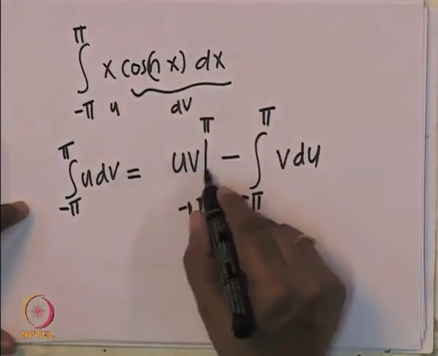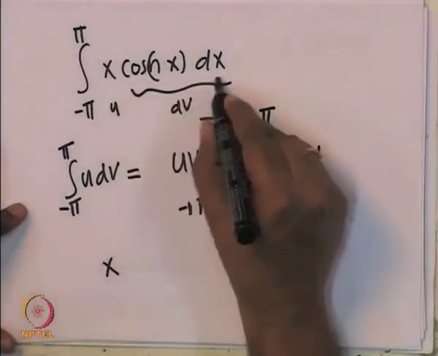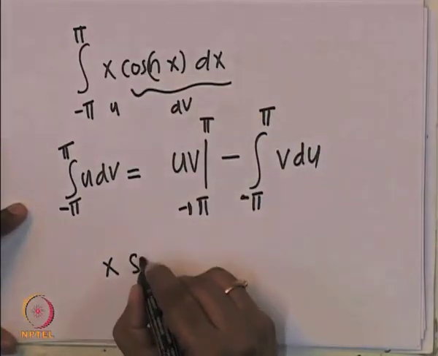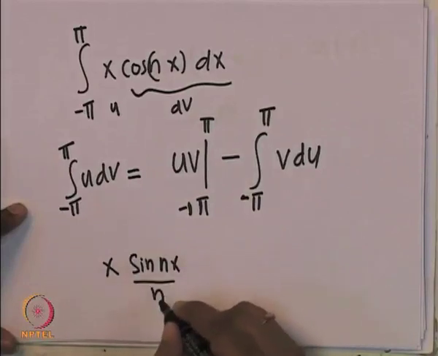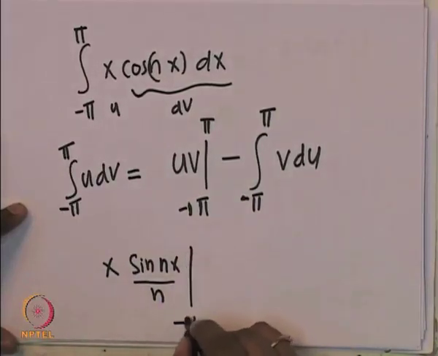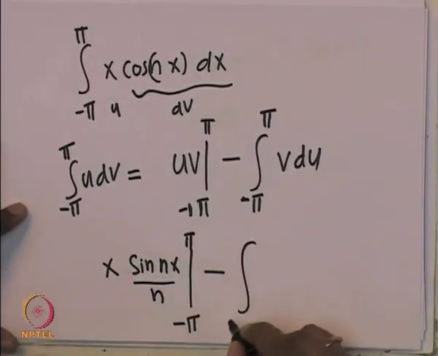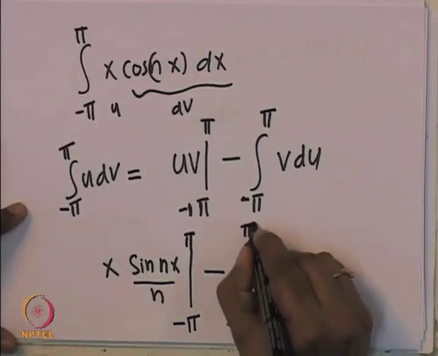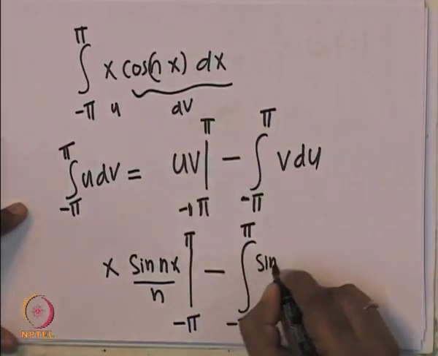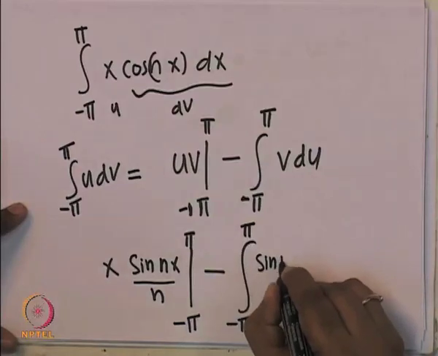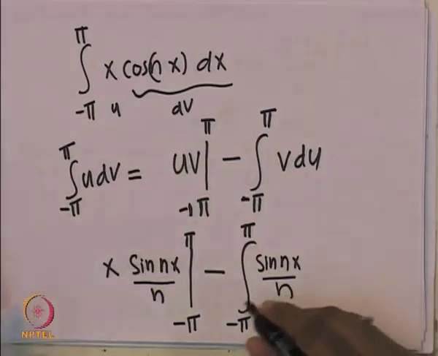So this is equal to u v in the limits, that is x times the integral of cos n x, which is sin n x by n, in the limits minus pi to plus pi, minus the integral of v du. v is again sin n x by n, and du is 1. So this is what it is.